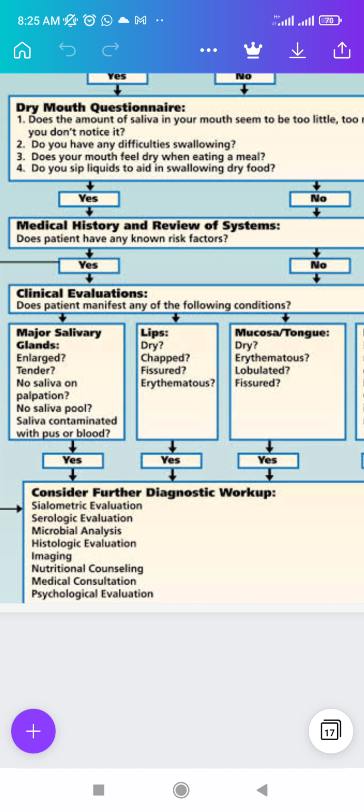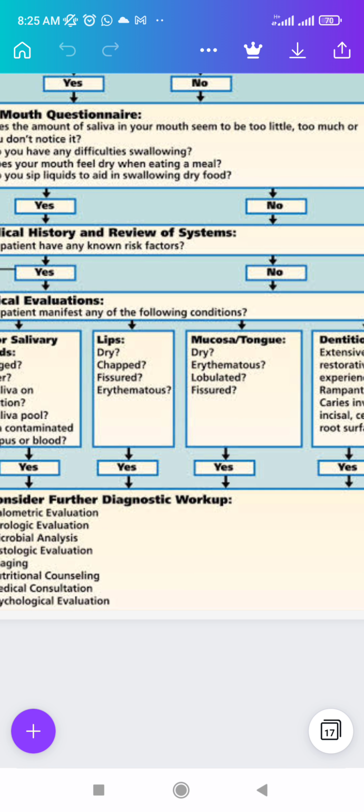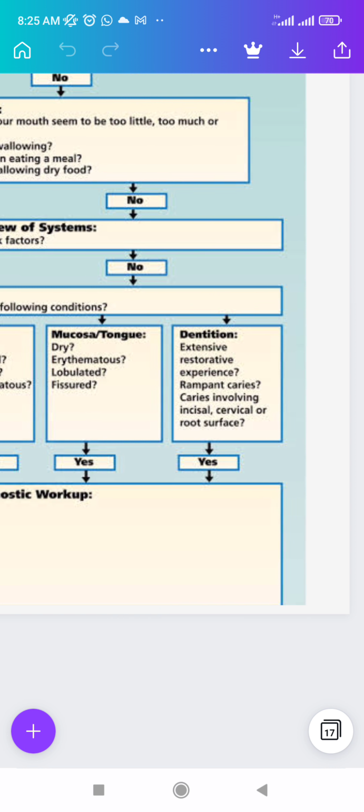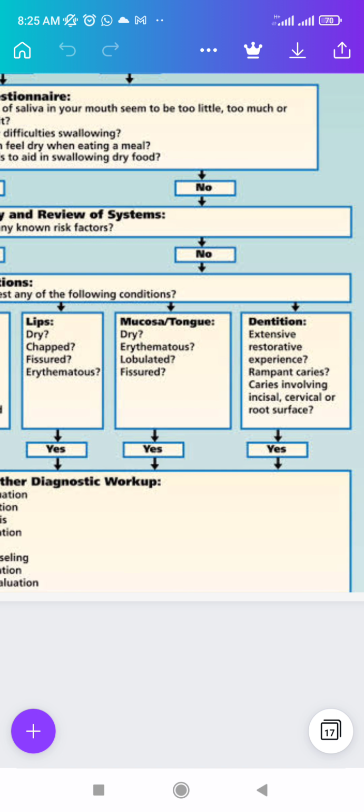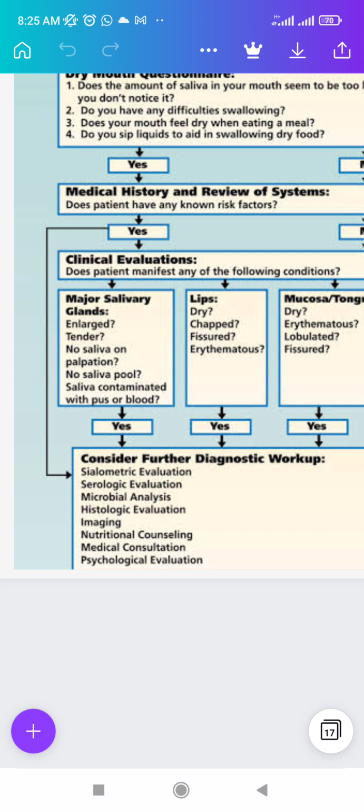Check the lips for dryness, chapping, fissures, and erythema. Then the mucosa and tongue: check for dryness, erythema, lobulation, and fissures. Also check the dentition for extensive restorative experience and rampant caries involving incisal, cervical, or root surfaces. If yes, then consider diagnostic workup, which we will discuss in the next slides.